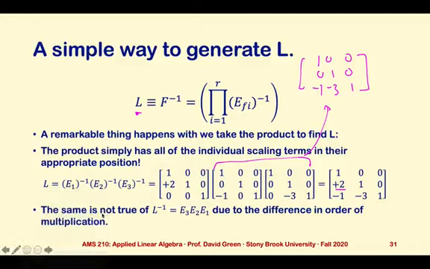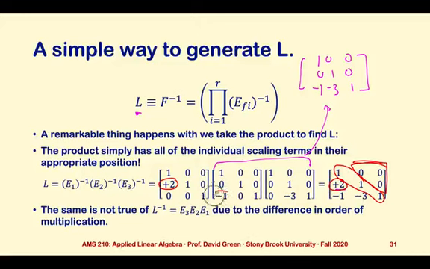Now, let's take a careful look at what this looks like. This result highlights exactly what I meant. Our product has 1s on the diagonal. It's lower triangular, so all of the entries above the diagonal are 0. And what are the entries below? We have a 2 in the second row, first column.